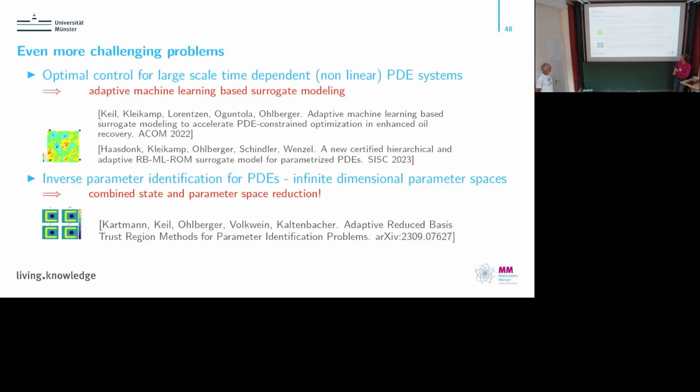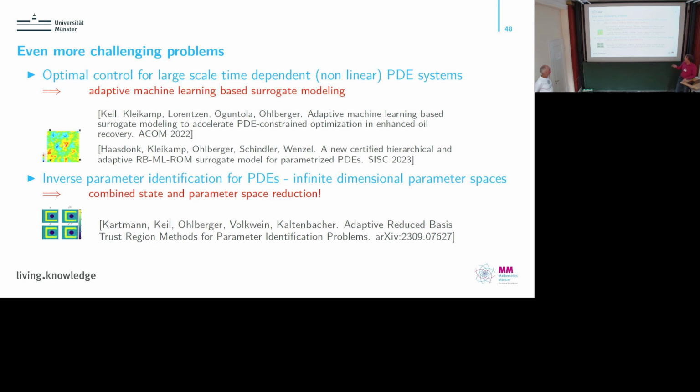And we go also to time-dependent problems and even in very complicated PDE situations, like in this oil recovery. So these are two papers where we employ machine learning, and also machine learning in this paper where we use this hierarchy of models in order to get certification for the machine learning part.